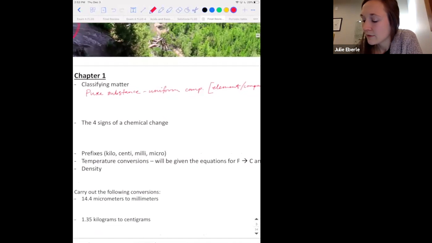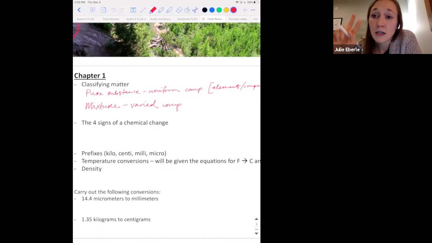All right. If it had a varied composition, then it was a mixture. And this is varied. And remember, there's two kinds of mixtures. Anybody remember the two kinds of mixtures?